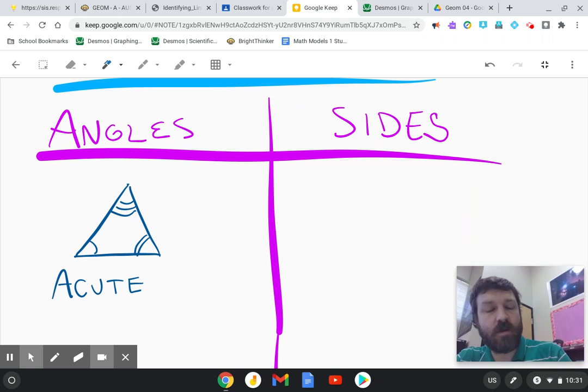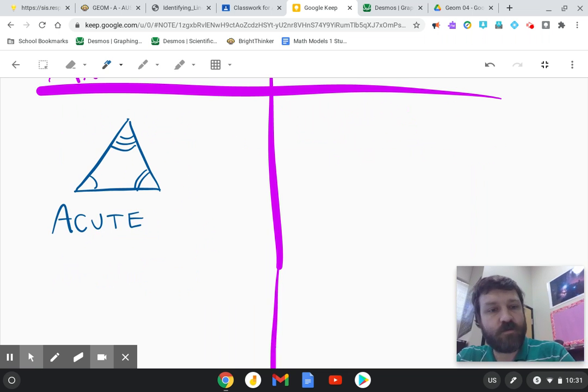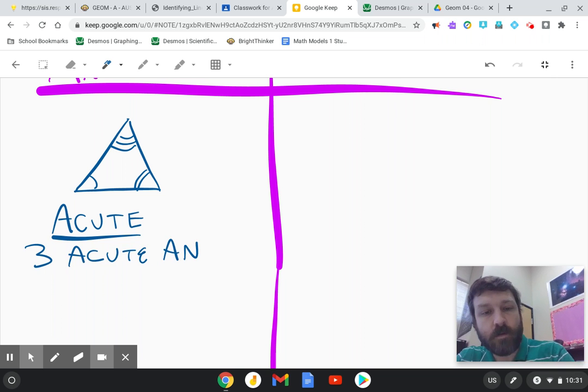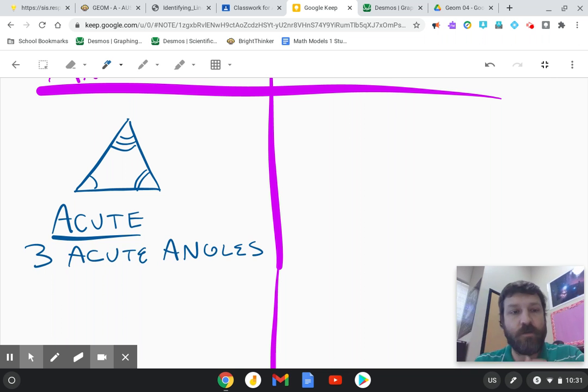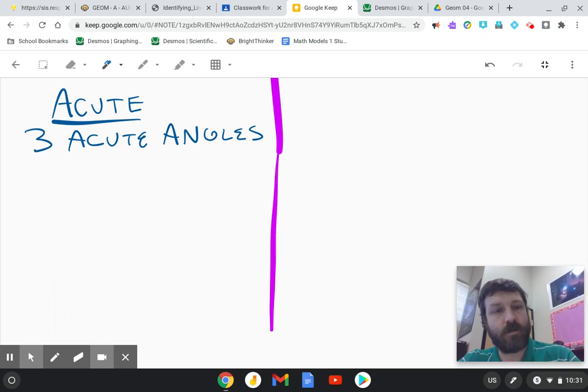Acute triangles are triangles where you have three acute angles. So all three angles are acute. So that's your first triangle type based on angles.